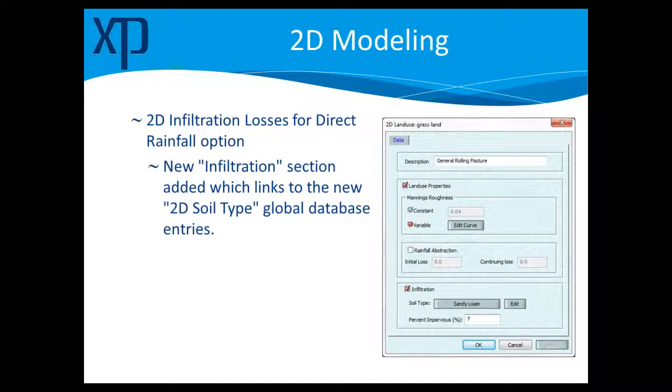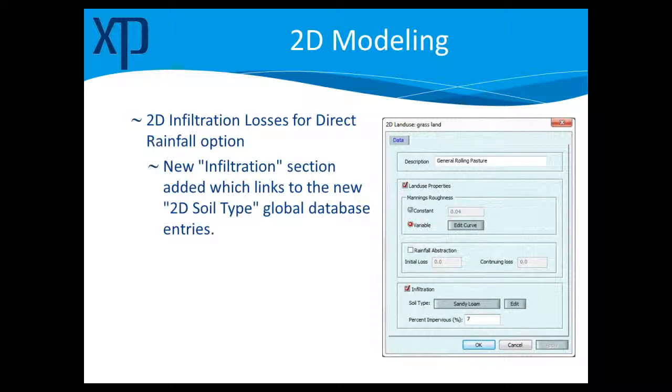At the bottom of the form here, we've made a few changes to the infiltration section. So you now have the option to specify rainfall abstraction as an initial loss and a continuing loss, with infiltration now referring to a slightly different feature which allows you to also specify a soil type.